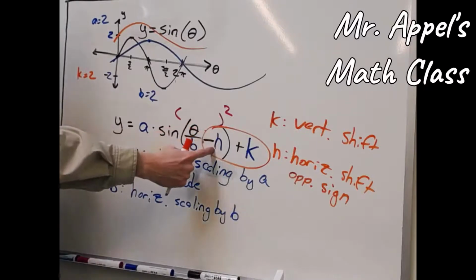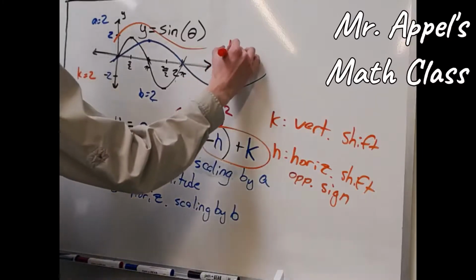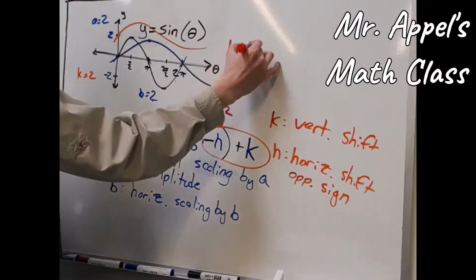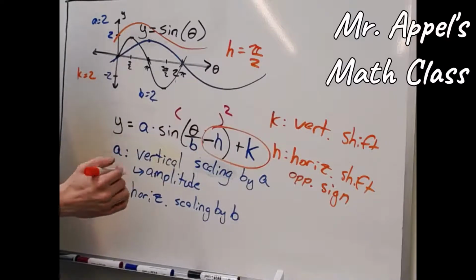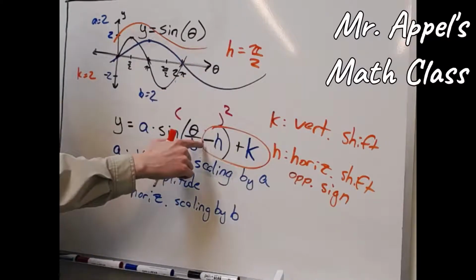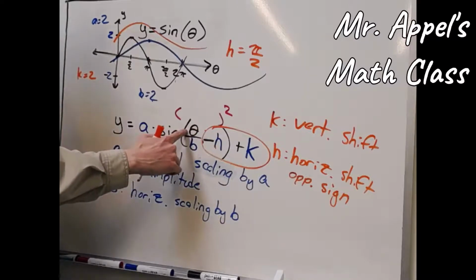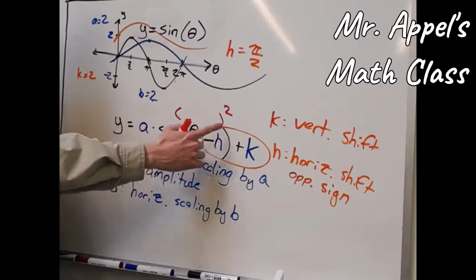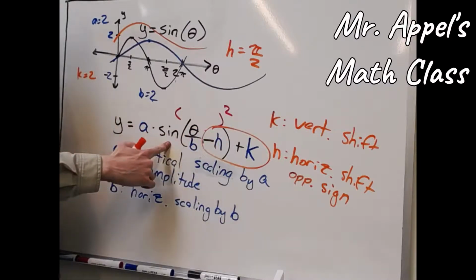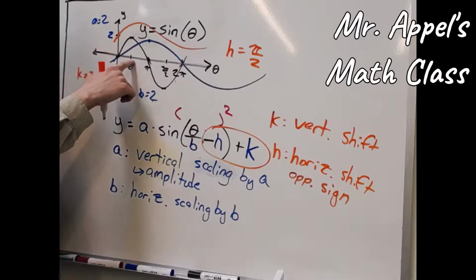So if h is positive pi over 2, then what happens? Well, I take theta and I subtract off pi over 2. So let's pretend that when I plug in pi over 2, I then subtract that off, I get 0. So I'm taking the sine of 0. Normally the sine of 0 is 0, but that's happening at pi over 2, right?